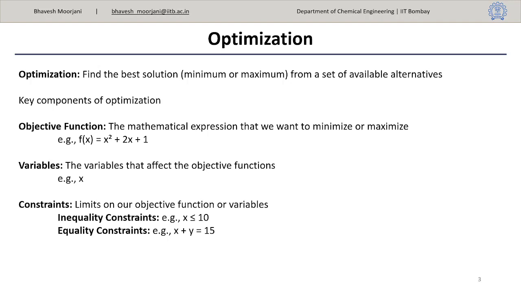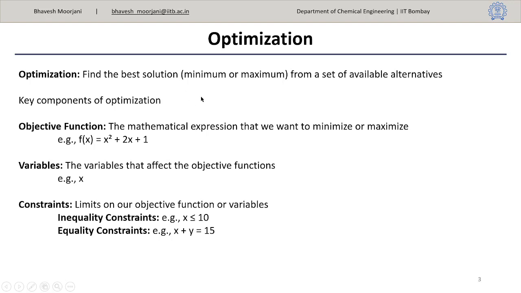The same was the example of crude oil separation from the week 11 class, where you were doing optimization to find out for which production rate you will get the maximum profit. Finding this best option is nothing but optimization, right?